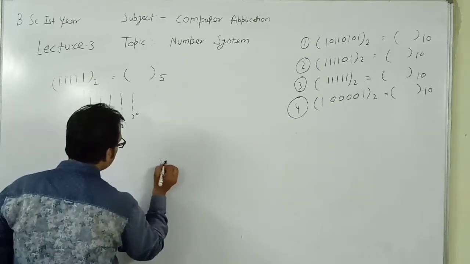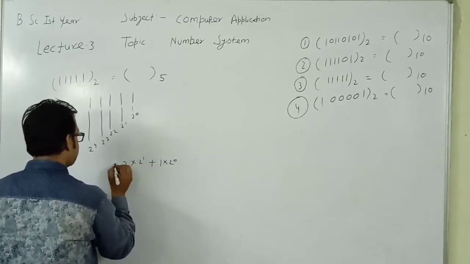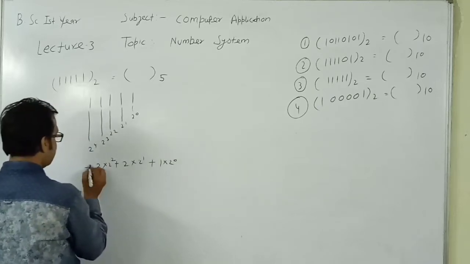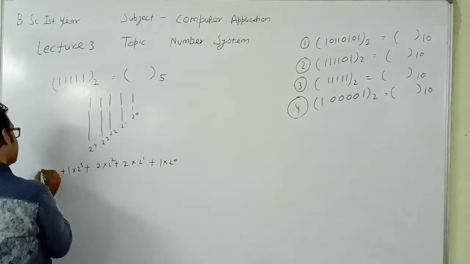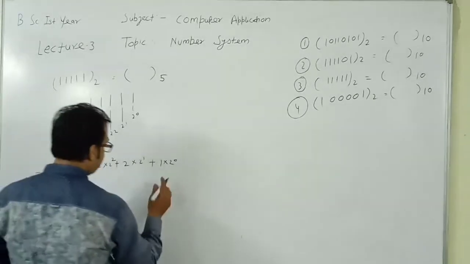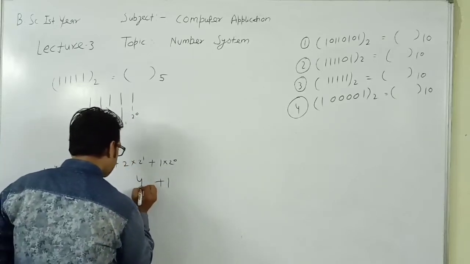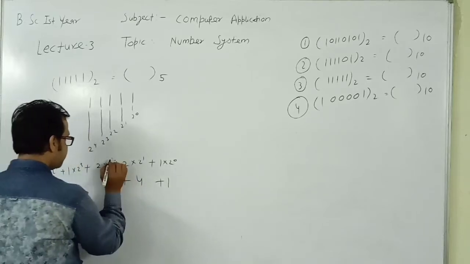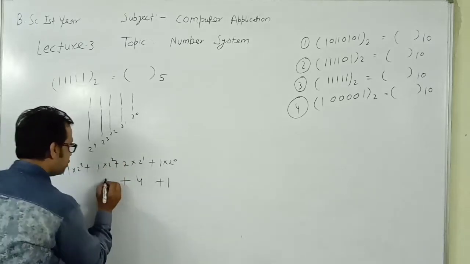So 1 into 2 to the power 0 plus 1 into 2 to the power 1 plus 1 into 2 to the power 2 plus 1 into 2 to the power 3 plus 1 into 2 to the power 4.